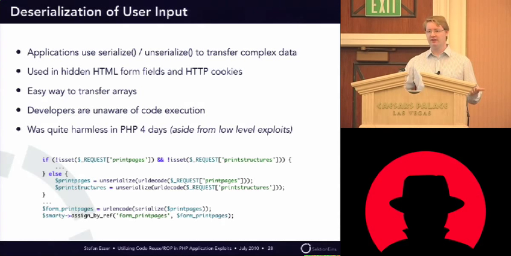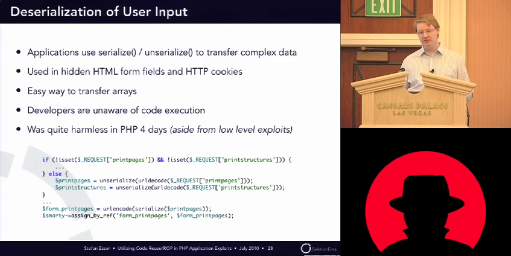Why would you do that? PHP application developers are usually lazy, and it's the easiest way to transfer bigger amounts of data between, for example, the client and the server. So every time a PHP application has to transfer a whole array to the client and back, the developer has to choose a way to do that.